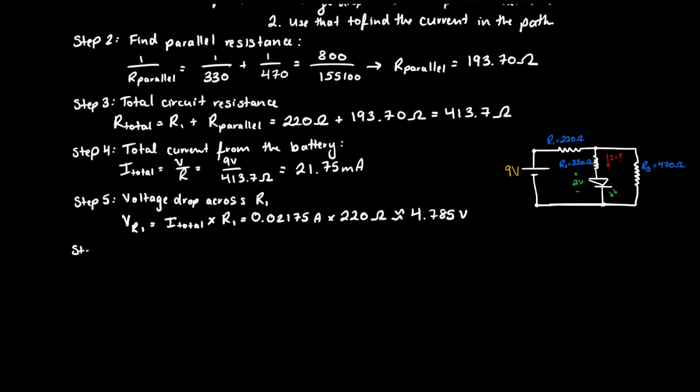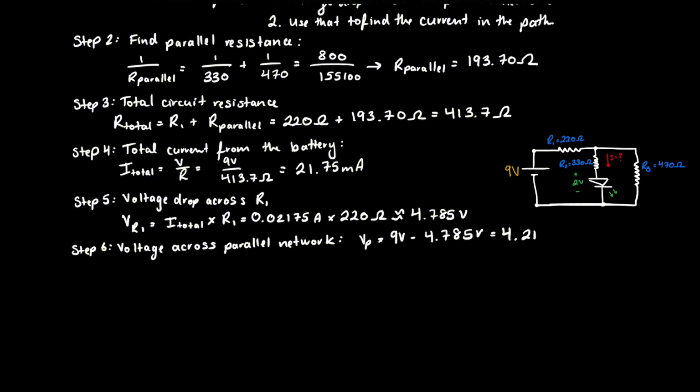That means that there is a remaining voltage across the parallel network. So in step 6, we find exactly that. 9 minus 4.785 volts equals 4.215 volts, which is the voltage across the parallel network and gets applied to both path A and path B.